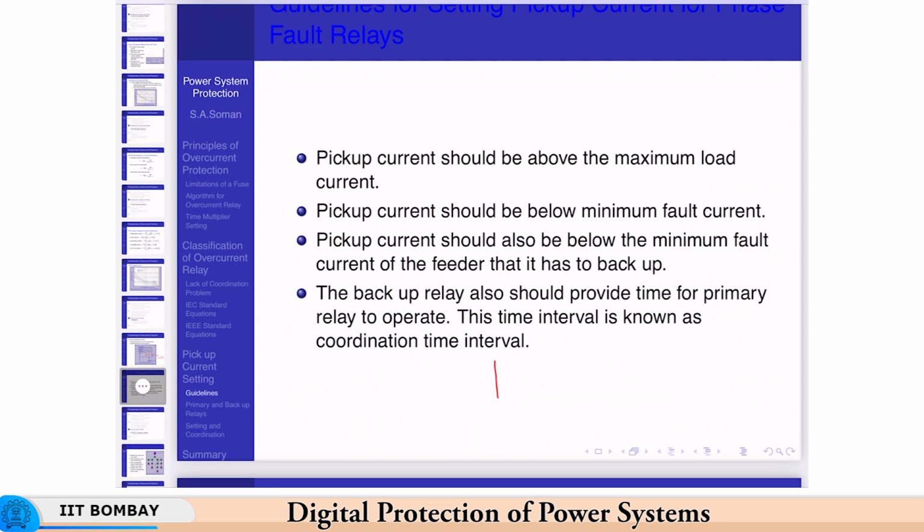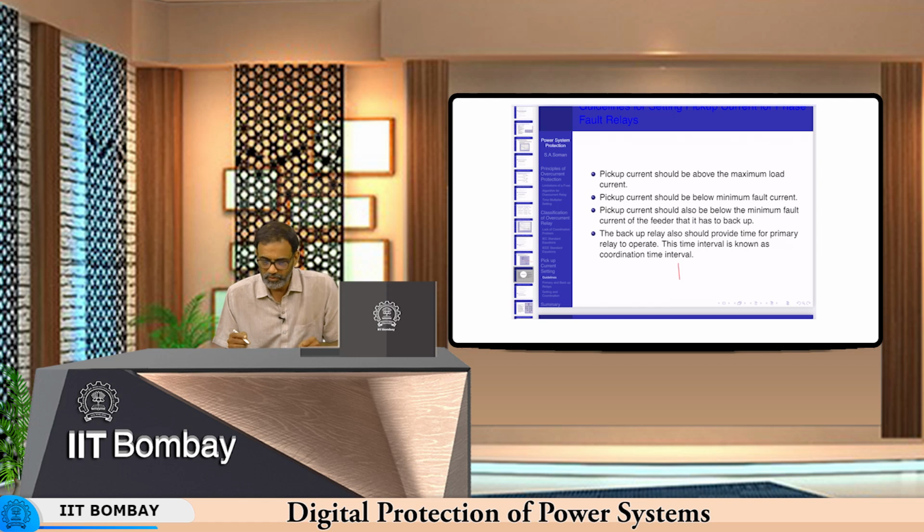So you usually get a band to set your overcurrent relays, and where to set it will depend on many factors. That is why relay setting is also known as an art and not a pure science.